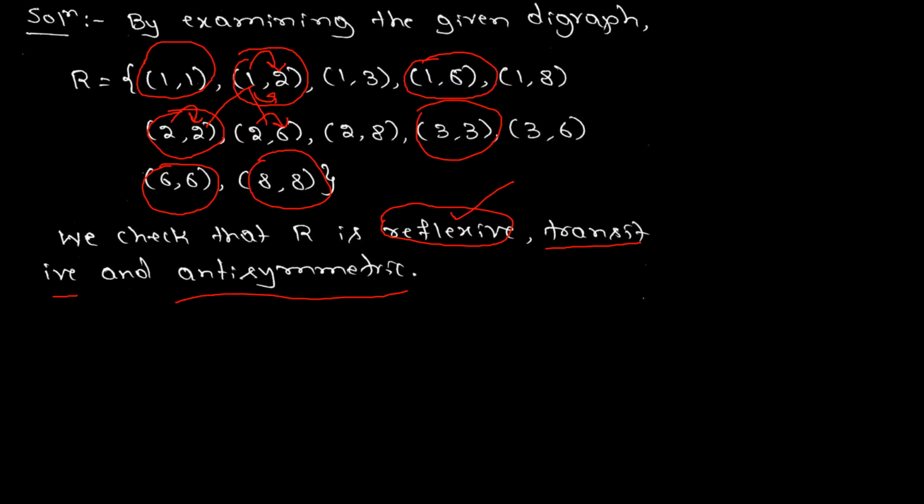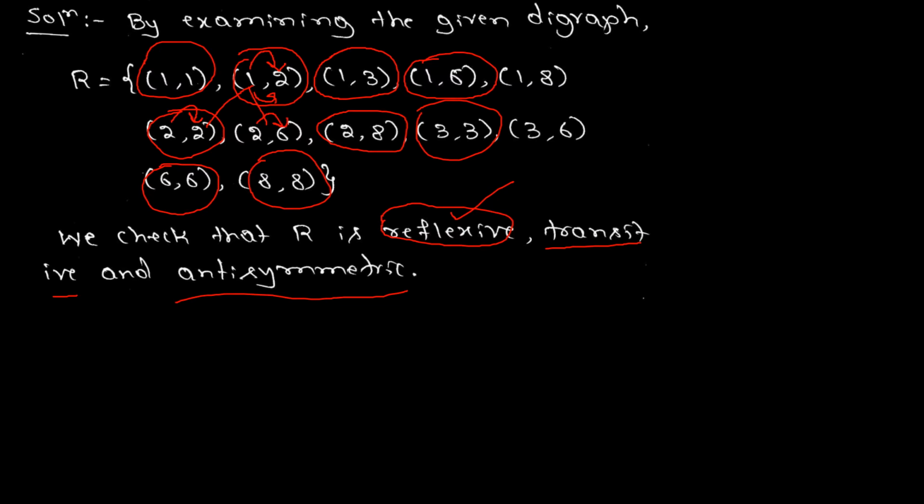And it is antisymmetric. Why is it antisymmetric? If you find A comma B in the relation, B comma A will not be there. Here we have 1 comma 3, we don't have 3 comma 1. Here we have 2 comma 8, but we don't have 8 comma 2.